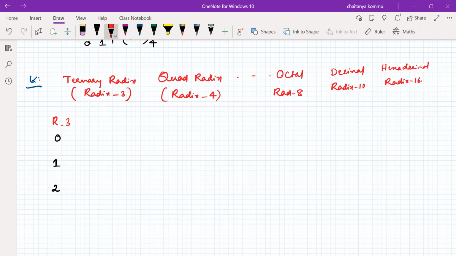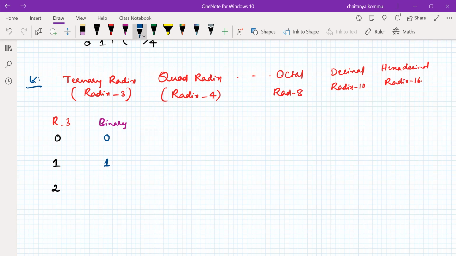What is the binary equivalent for this? To convert any radix to binary, the usual practice is this: 0 means only 0, a valid bit here also. 1 is also valid. But 2 cannot be represented directly in binary, though it can be converted.